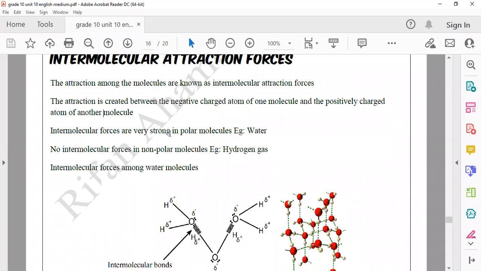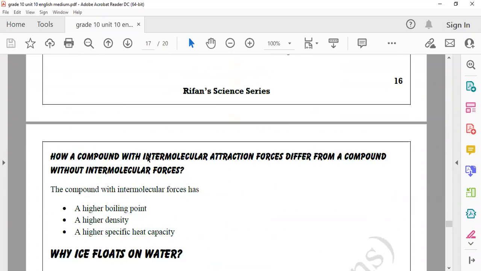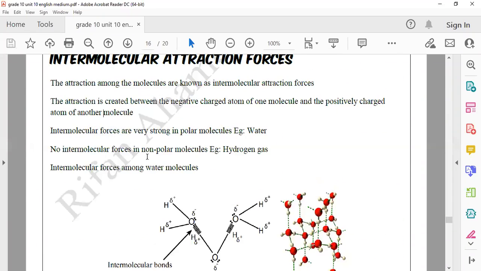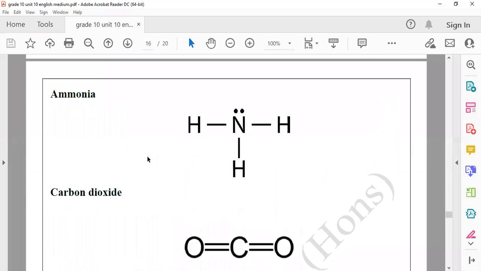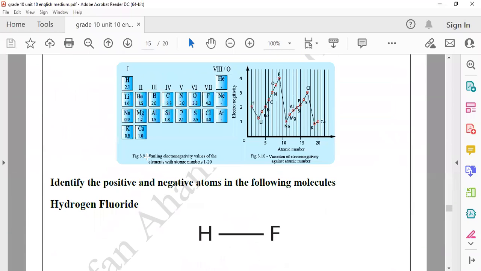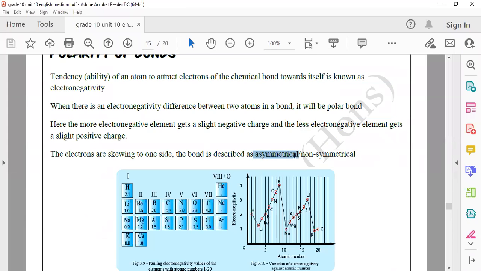If it is symmetrical, now see, they use this word and go. They say the electrons are skewing to one side, they go to one side.